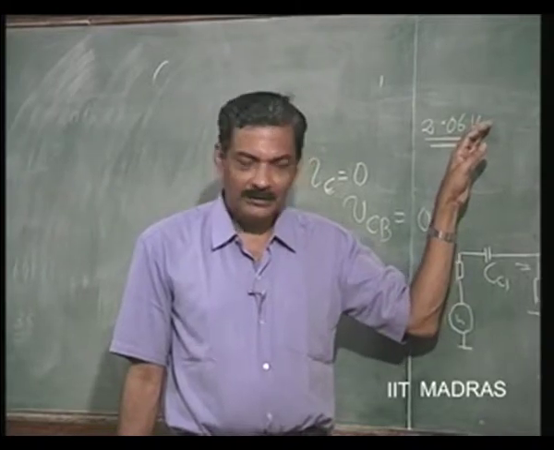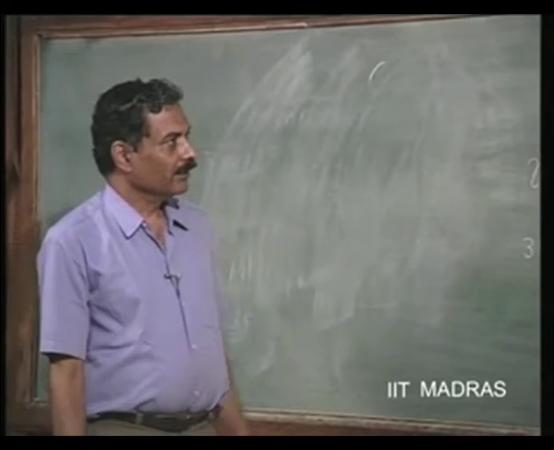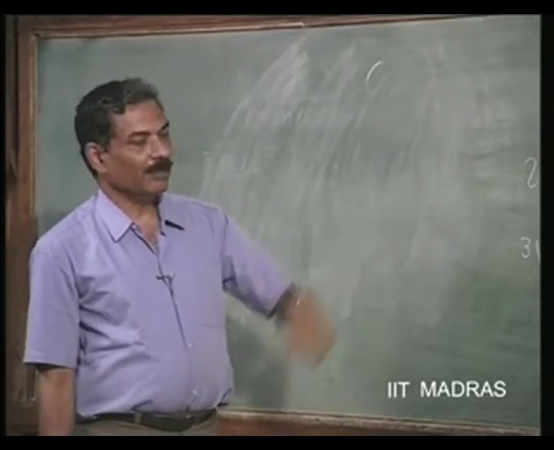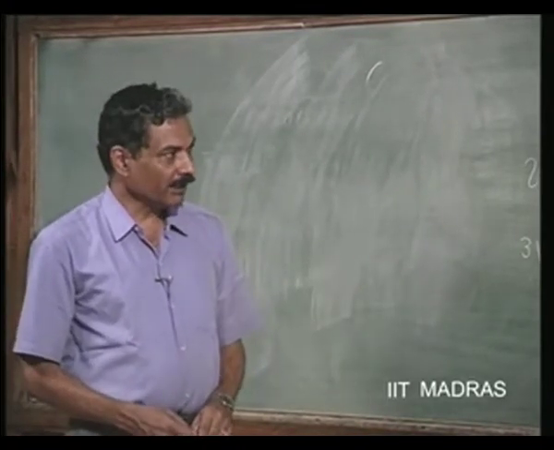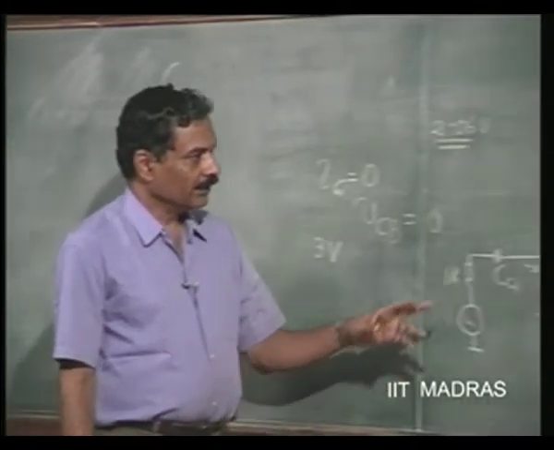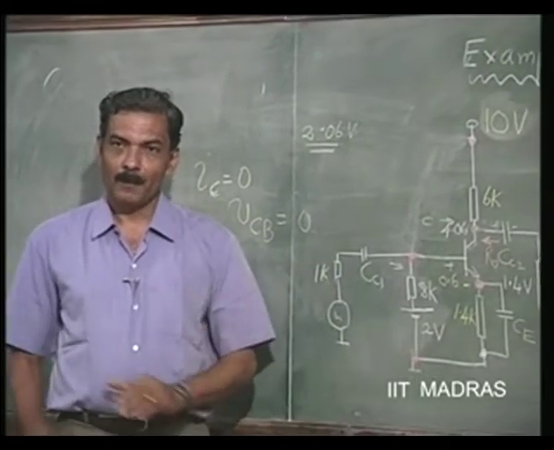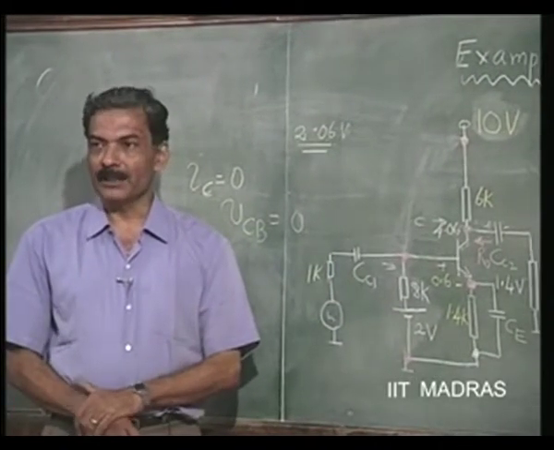So with this the complete discussion of common emitter amplifier is over. However, I would like to just say one thing. The characteristics of the transistor we have assumed as a current source, alpha times IE.